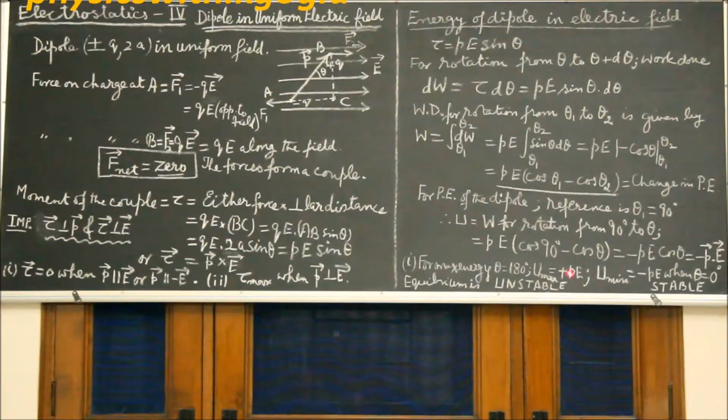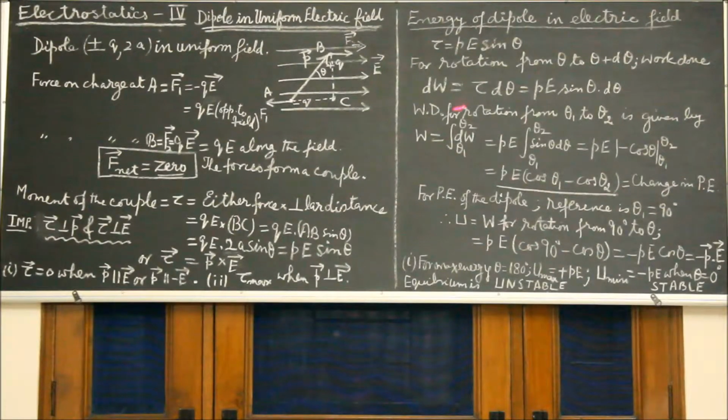But since the energy is maximum, the equilibrium is unstable equilibrium. For the dipole parallel to the field, theta is 0 and the energy becomes minus PE. The equilibrium in this case is stable equilibrium.